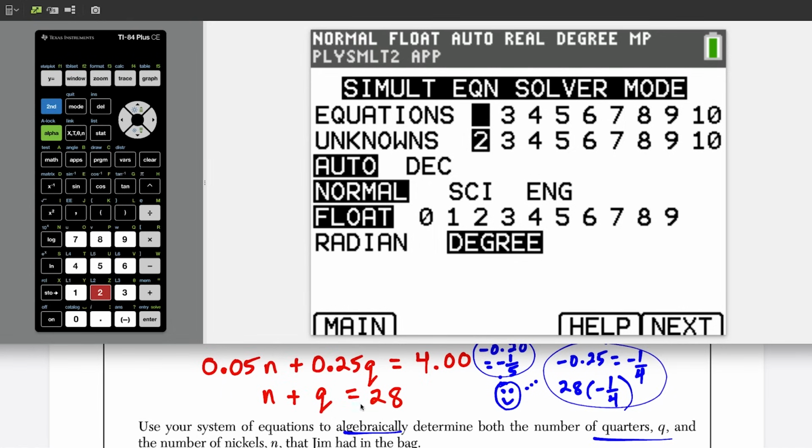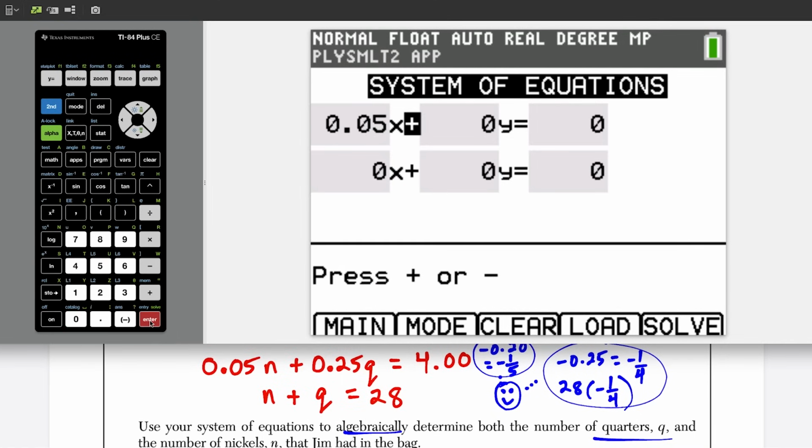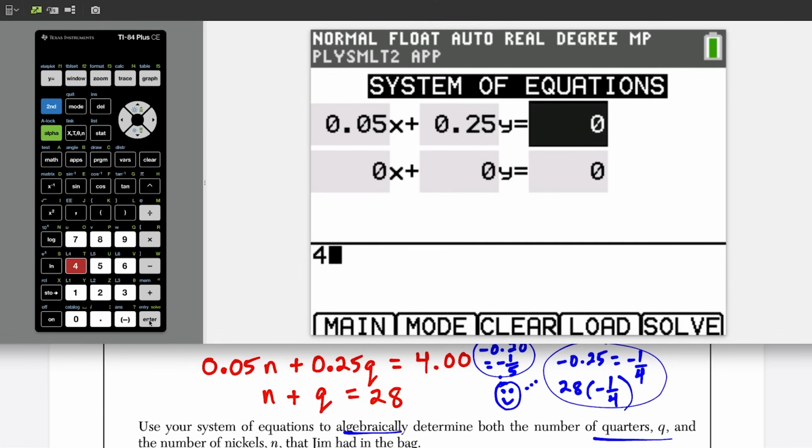But I have two equations here, and I have two variables that I don't know. I don't know n, and I don't know q. So now I'm going to press graph to go next. And I'm going to pretend that n is x and q is y. So I have 0.05 times x, and then I'm going to press enter to move past the plus, and then we have 0.25 times y, and this is equal to just 4.